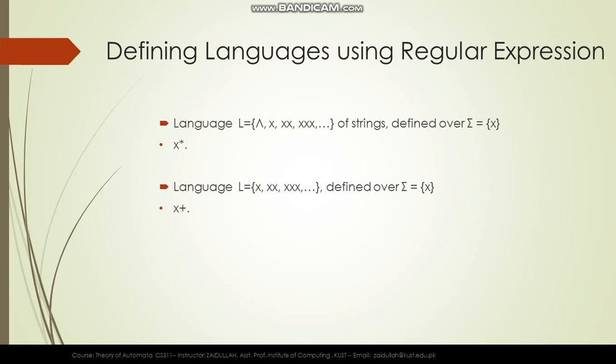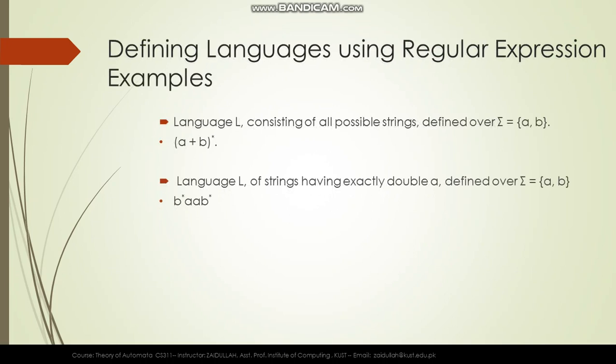Similarly, the language L, x, xx, xxx defined over x will be represented as x plus, which means that x is repeated one or more times. In the first case 0 or more times, and in the second case 1 or more times, because star means 0 or more times and plus means 1 or more times.